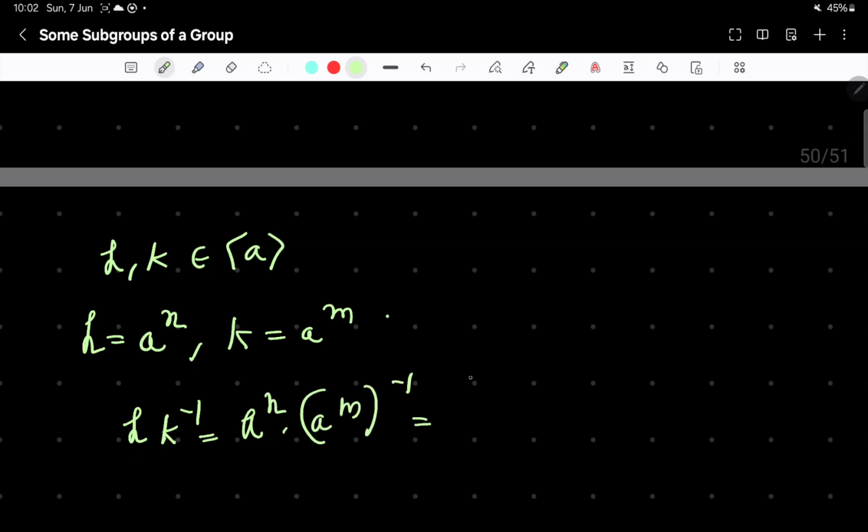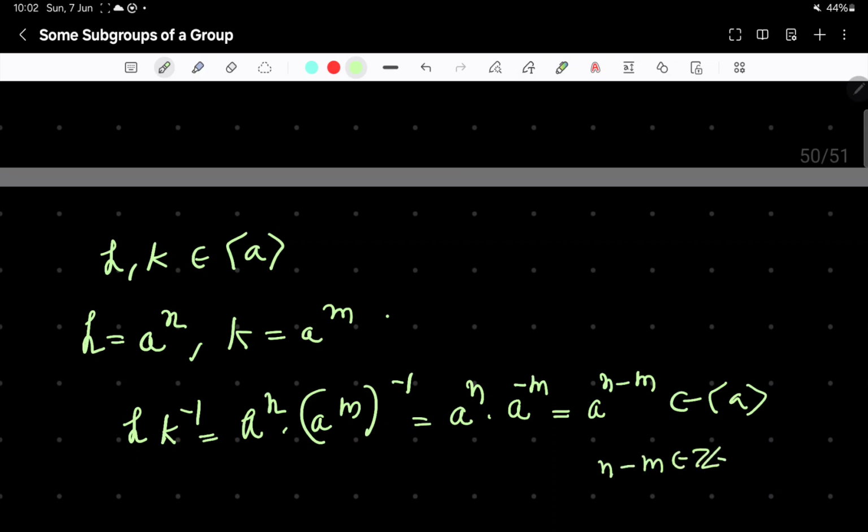We have already looked at this. So it is A raised to n, A raised to minus m. So this is A power n minus m. This belongs to the subgroup because for integers n and m, n minus m is also an integer. So this A power n minus m is actually an element of it.